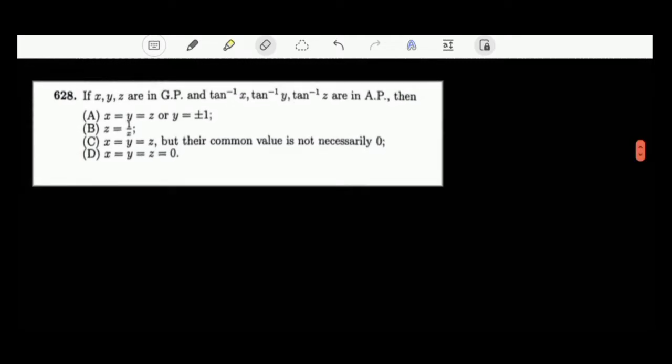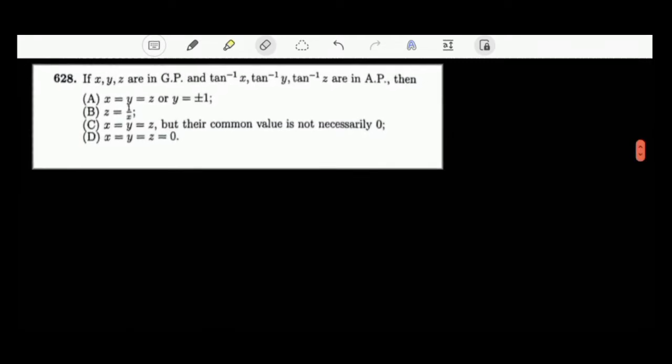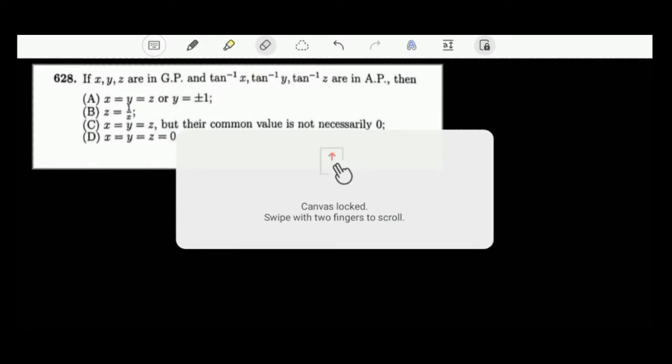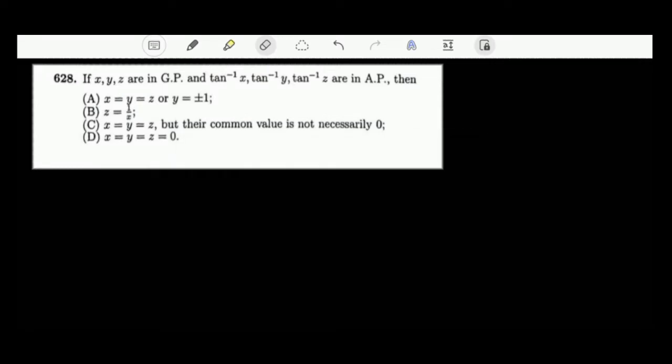So first of all, let's look into the definition of AP and GP.